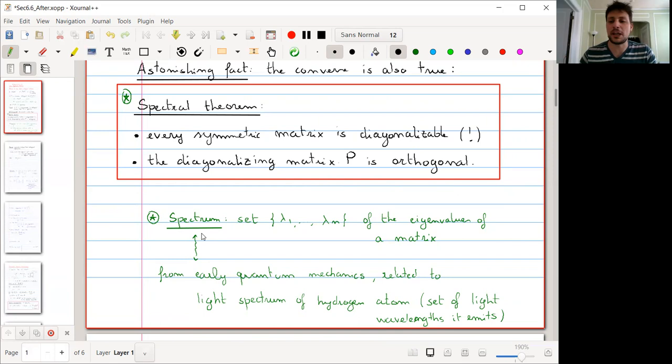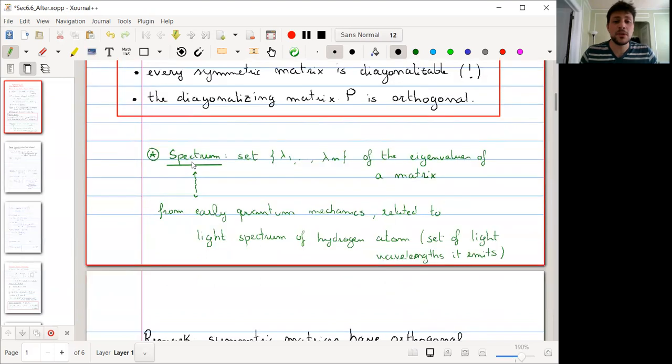So they started calling spectra this set of eigenvalues. It's not important, but I always thought it's a funny name, so I figure I'll tell you where it comes from.